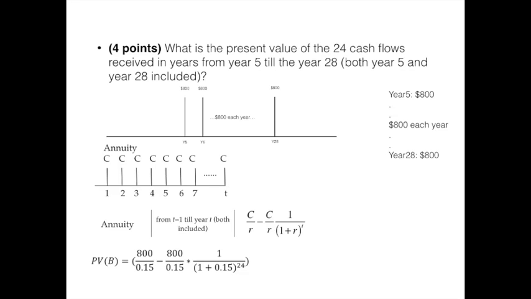Now pay attention, this t, the power of t, is actually 24, because year 28 from the perspective of year 4 looks like year 24. So this will be the present value of this cash flow stream from the perspective of year 4. Now, how much is it worth today? We need to additionally discount it for 4 more years.